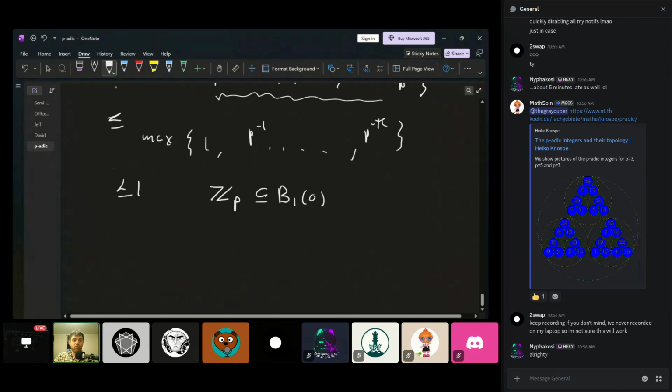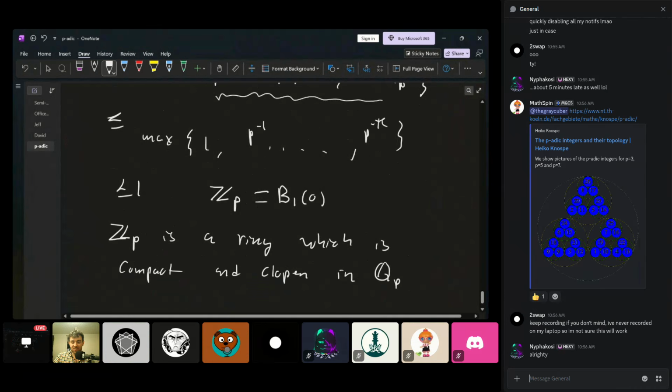And in fact, more is true. This isn't just a subset, this is an equality. And so here's a crazy thing. Z_p is a ring which is compact and clopen in the p-adic numbers.